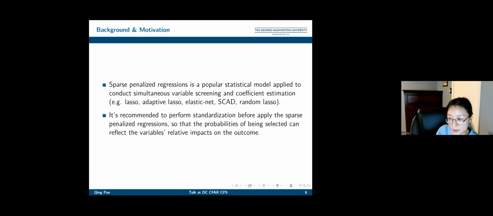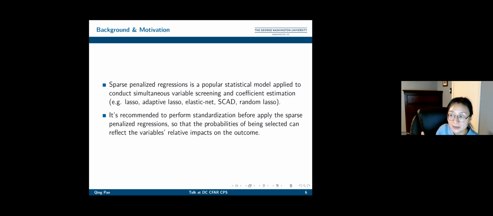And it's important, not only conceptually when you're understanding the impact of a covariate on the outcome, it's also technically important when you're doing variable selection. Because if you do sparse penalized regression, which is a statistical tool used for variable selection, the idea is that if the beta is small, it will be penalized and shrunk to 0.